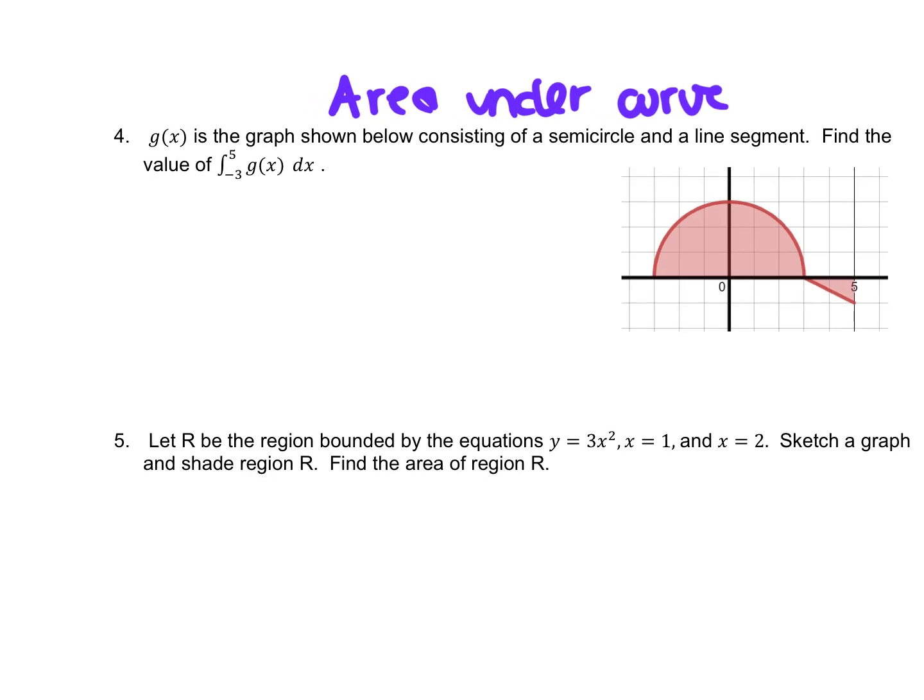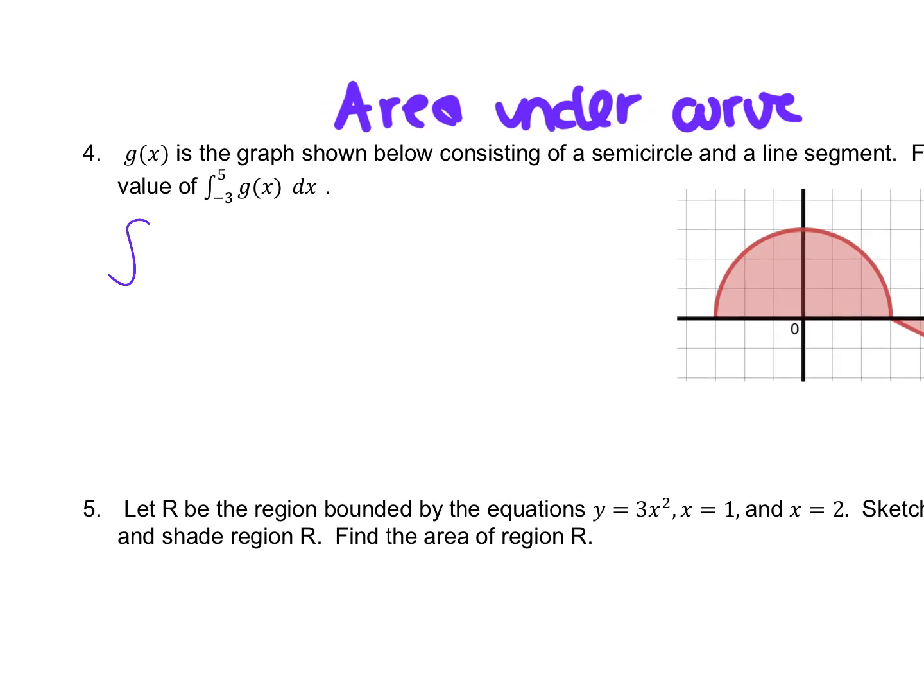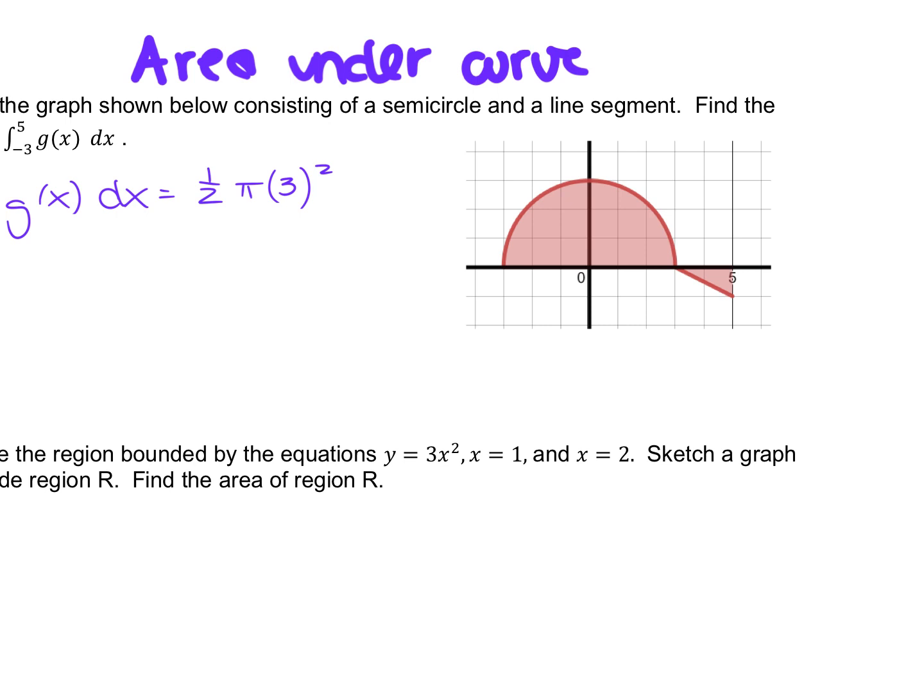So my integral from -3 to 5 of g of x, I almost wrote f of x there, dx. The first part is going to be a semicircle, so half of a circle with a radius of what? 3. So I would do half pi 3 squared. Yes? And then how do we find the area of that second section from 3 to 5?